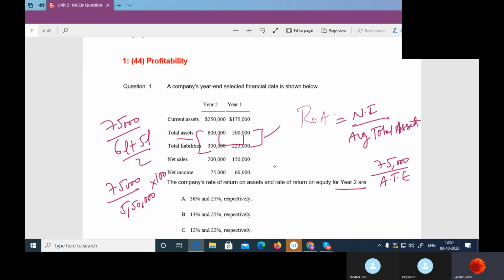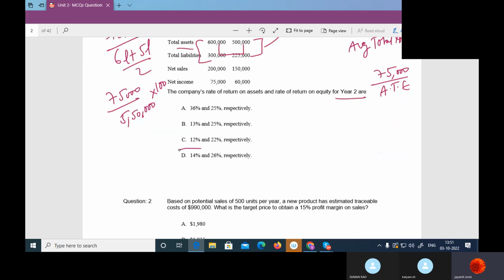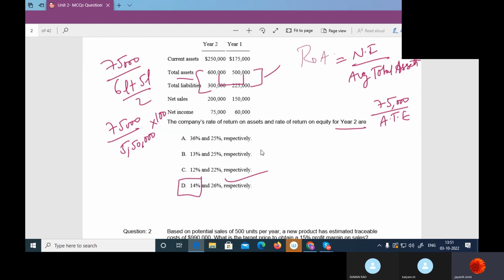It's like 13.6 something. 13.6 is not 14. 13.63 is 14%. So this I got. You just try and tell me return on equity first.